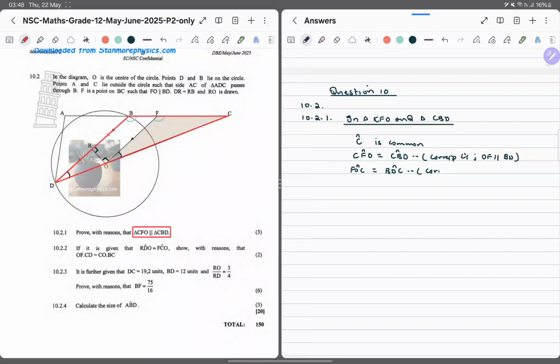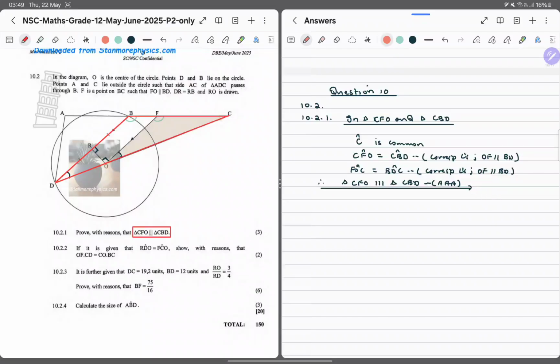Okay, these again are corresponding angles with the two lines that are parallel. We can make a conclusion that indeed triangle CFO is similar to triangle CBD because of the triple A. They are equiangular.